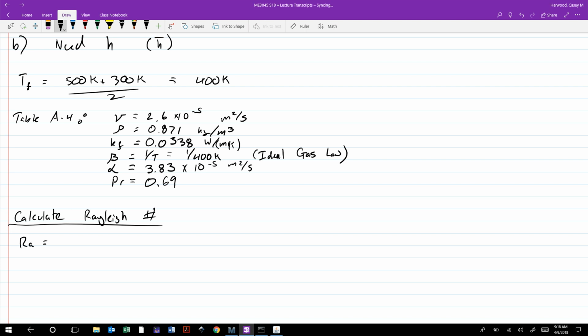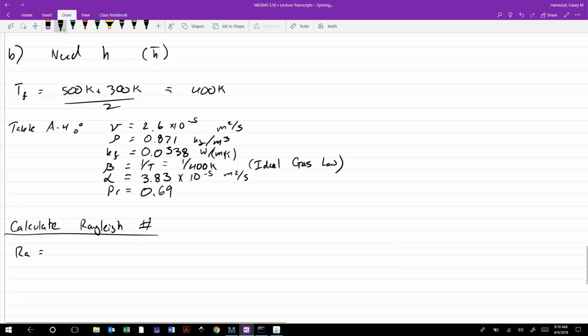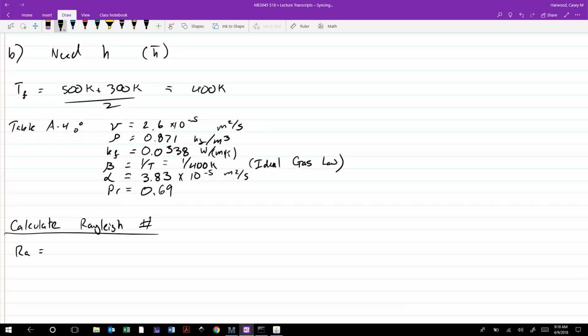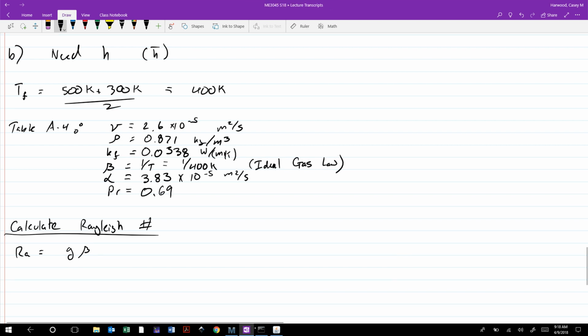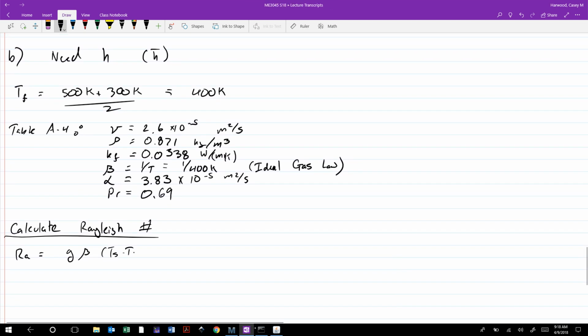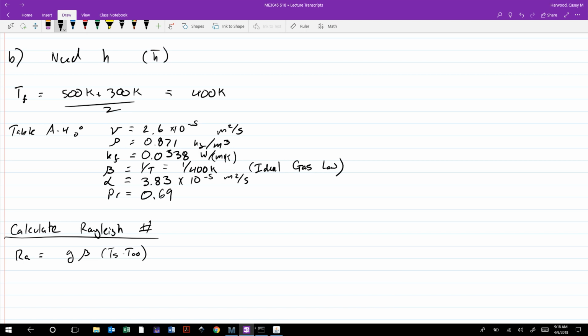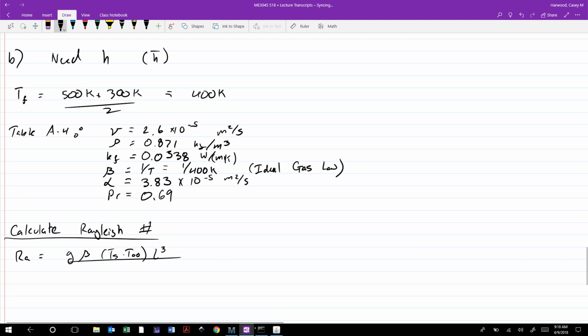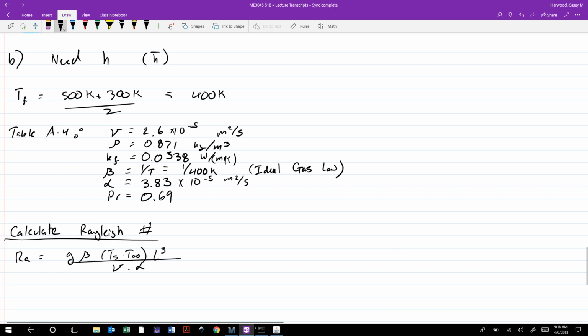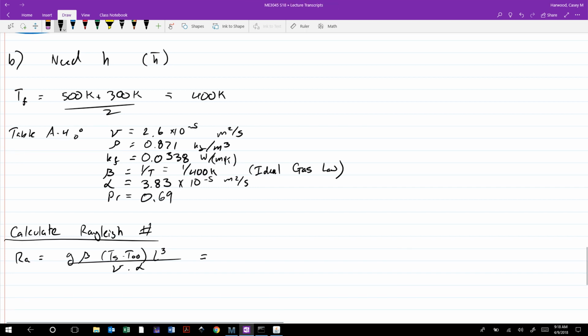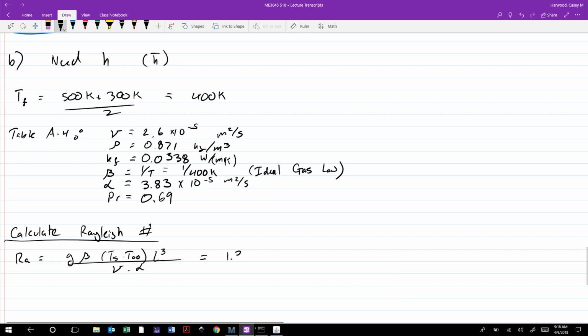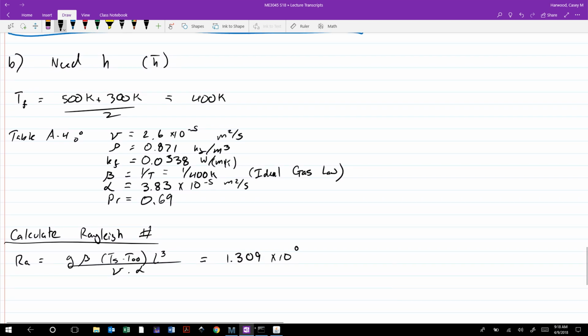If we plug these numbers into the expression for Rayleigh number, which is g beta (Ts minus T infinity) L cubed over nu times alpha, we would get a value of 1.309 times 10 to the 8th.